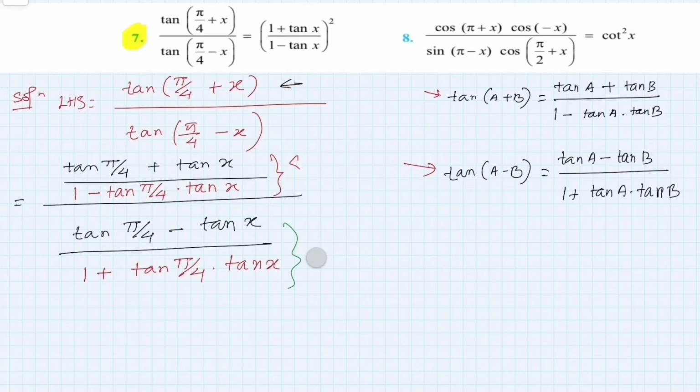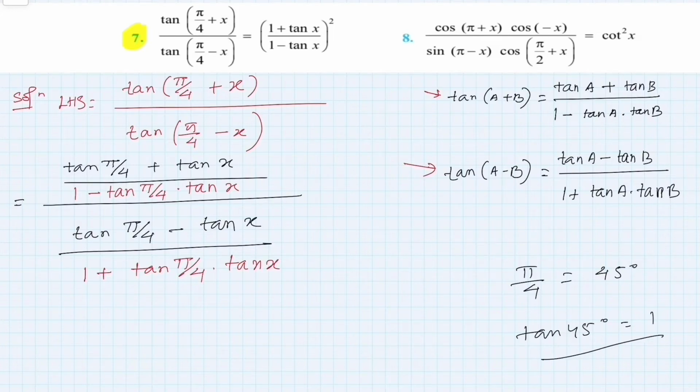So now let us simplify here. Pi by 4 is nothing but 45 degrees, and tan 45 is equal to 1. So we know that. Let's put the value here.